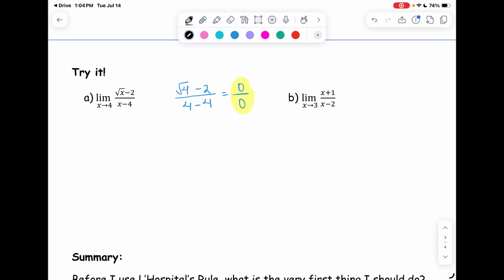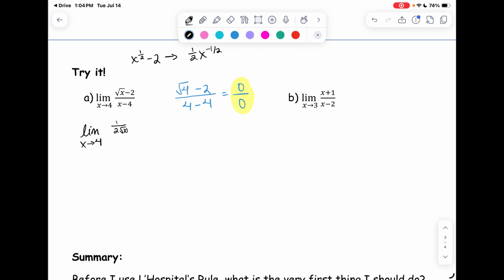If we take the derivative of the numerator, we can rewrite our numerator, if necessary, to be x to the power of 1/2 minus 2. If that helps you visualize what we're doing when we're finding the derivative, we know that this is going to end up becoming 1 over 2 times the square root of x, since here we would end up with 1/2 x to the negative 1/2.